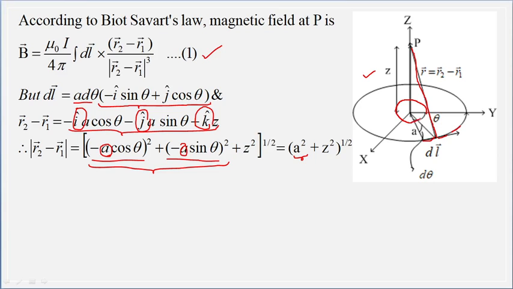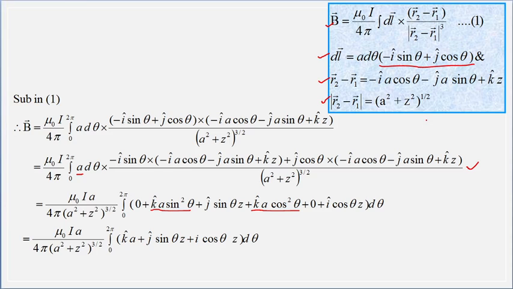One round means 360 degrees, that means 2 pi radians. So you are adding the magnetic field due to the dl for an angle from 0 to 360 degrees. 360 degrees means 2 pi radians. So that's why the limit is from 0 to 2 pi.